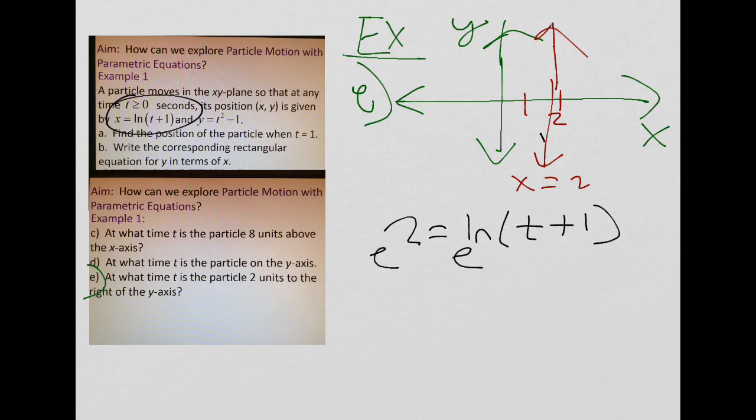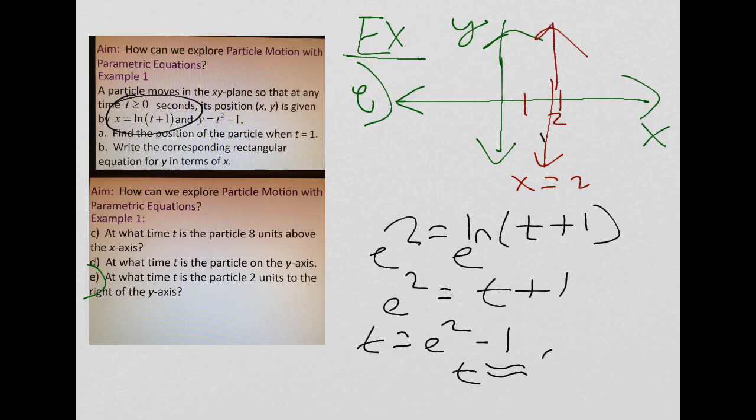So this isn't as straightforward as the last one because t is e squared minus 1. Okay, so if we need to know how many seconds, t is approximately 6.389 seconds. Thank you to our graphing calculator. I'm going to abbreviate seconds here. That's a decimal.